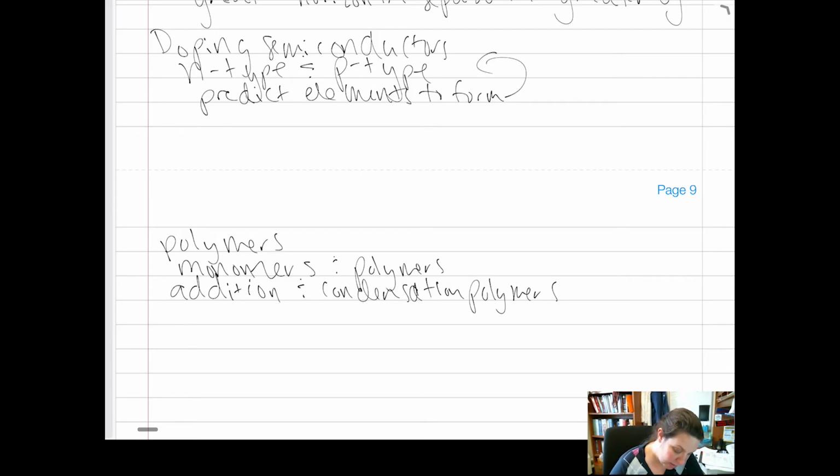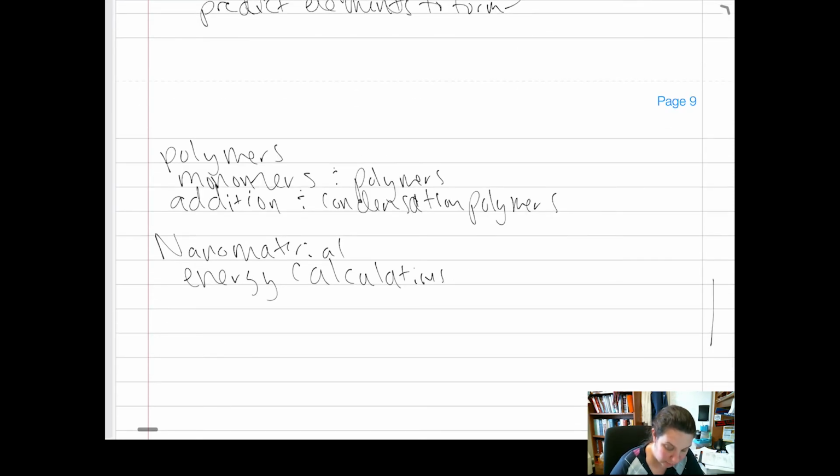Nanomaterials. You need to do energy calculations with these. So you'll be given this equation, but E is equal to hc divided by your wavelength. Energy will be in joules.